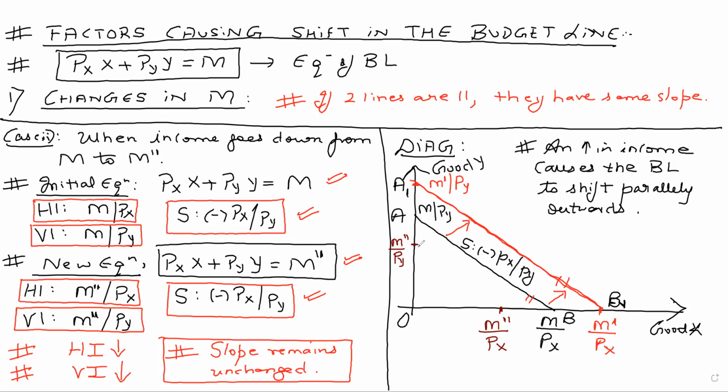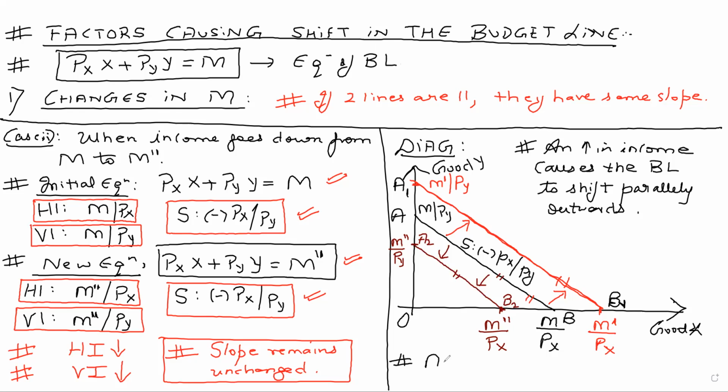That means my budget line shifts parallelly, but now to the left or parallelly inwards. So suppose this is my point A2, this is my point B2. Okay, so my budget line shifts from AB, which is my initial budget line, to A2B2, which is my new budget line.